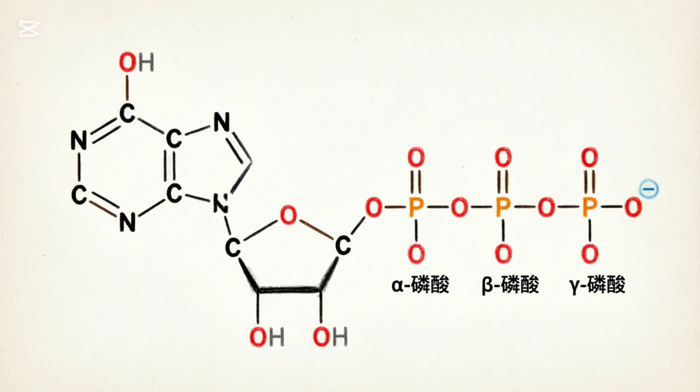So, as I have mentioned in the previous class, the structure of ATP. ATP is composed of 3 subunits: a 5-carbon ribose sugar, the nitrogenous base or ring, and 3 phosphate groups.